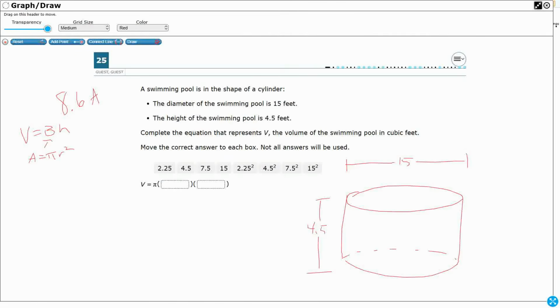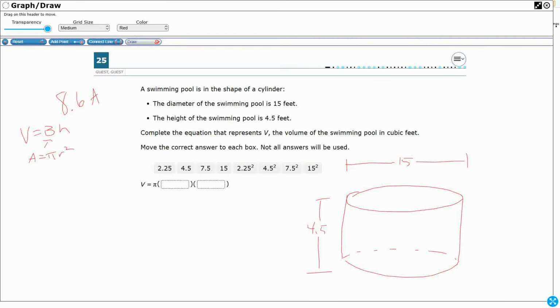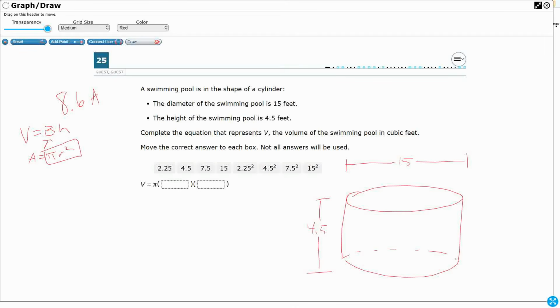Okay, so if I can substitute this into that base, basically what we're saying is pi r squared times height, because the pi r squared is the area of the base, and so I can substitute that in there. And so look, I'm going to keep pi on the outside, and I need r squared, and then I need my height.